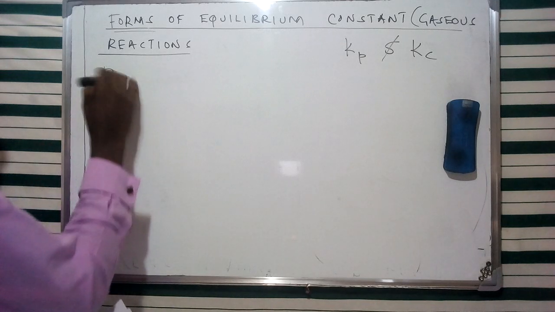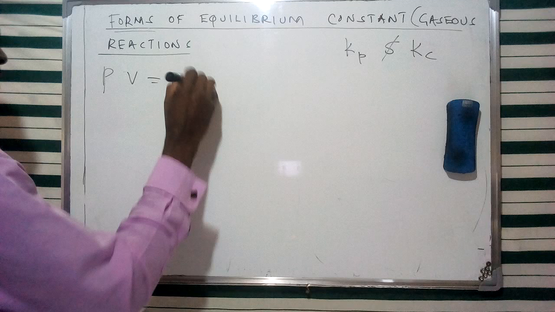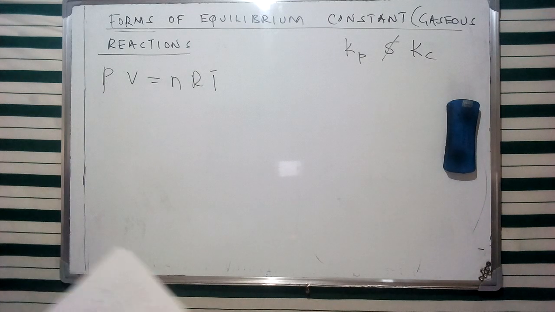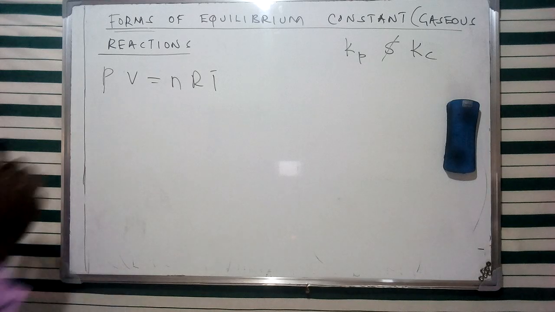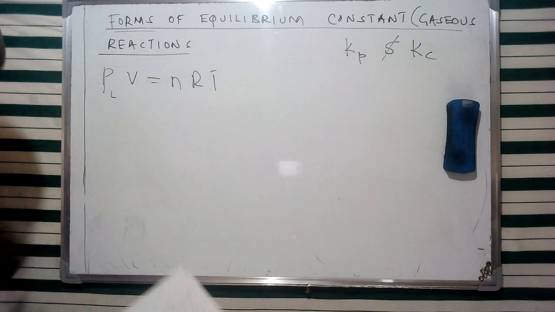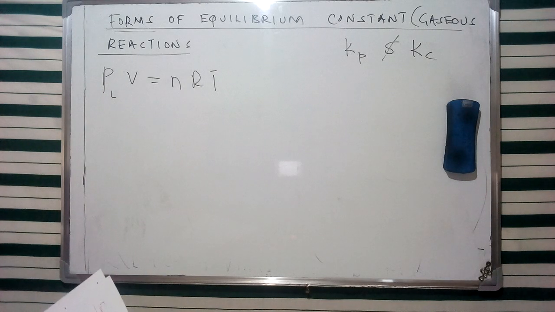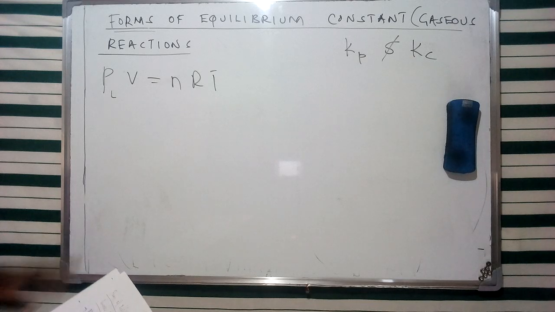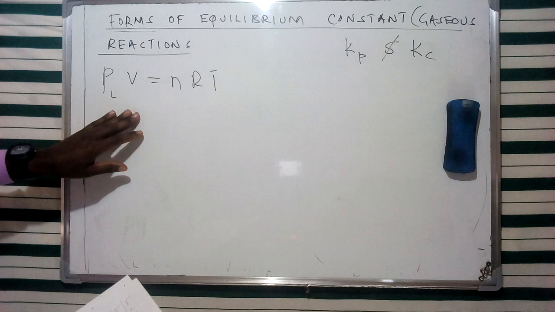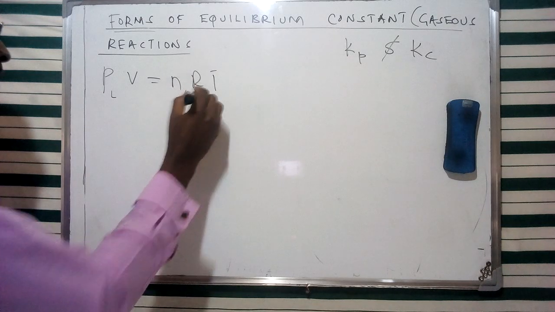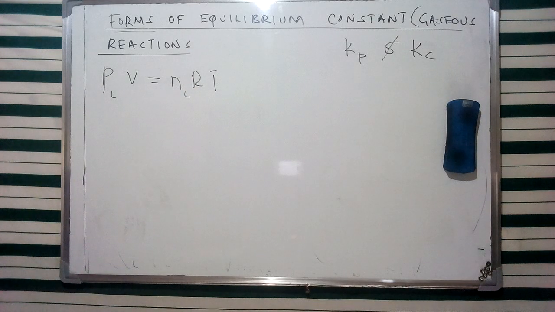So from the ideal gas equation, PV is given as nRT, and in this scenario I'm going to consider the case of P_L, which represents the partial pressure, given in terms of n_L RT.